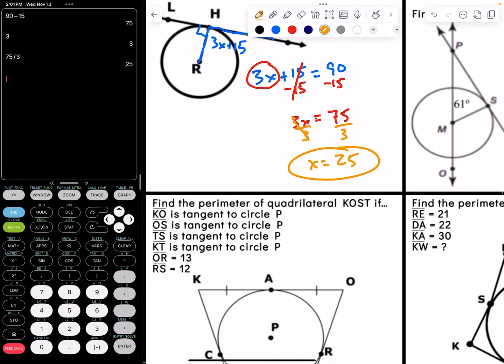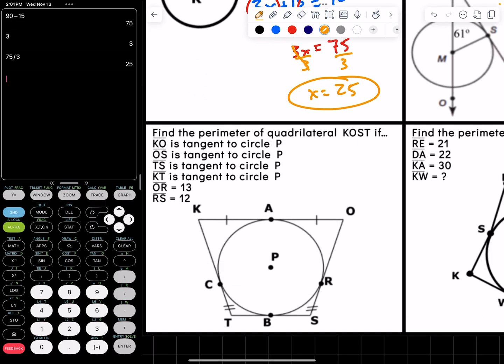Okay? Down below, find the perimeter of a quadrilateral KOST if all of these are tangent to the circle. So they're all tangent, which means each one of these points is just a singular point on the circle, but it also means that certain pieces are going to be congruent to each other by that property of our tangent lines. Okay, so let's start with OR.